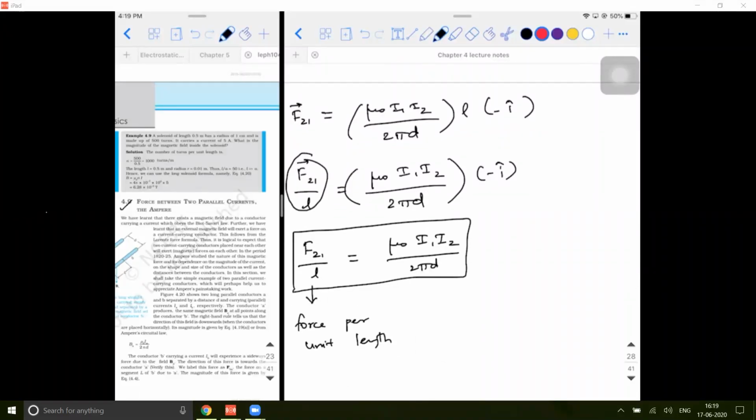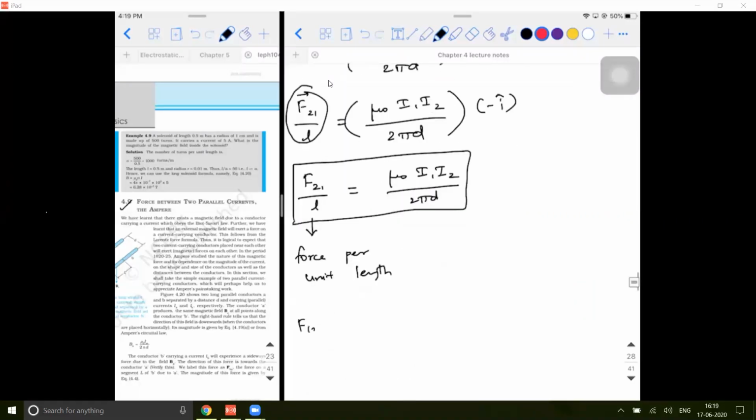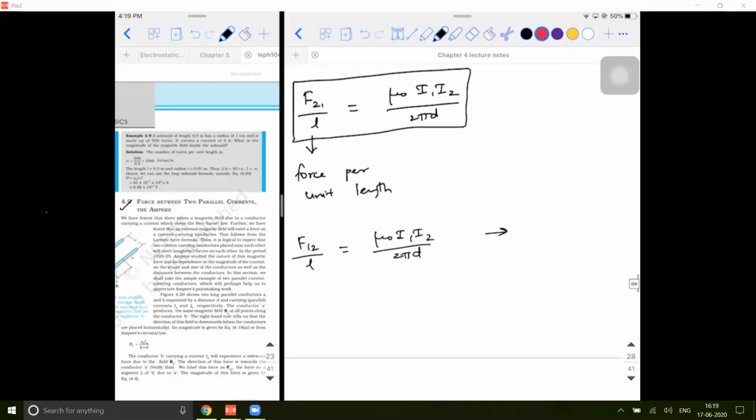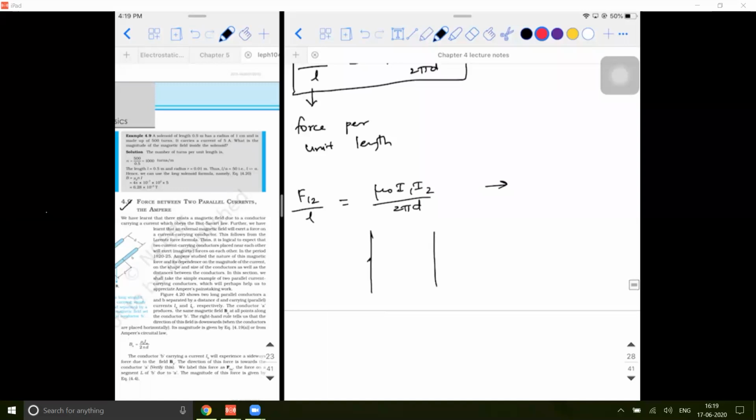So, if we calculate F12 divided by L, you will still get mu naught I1 I2 divided by 2 pi d, but in the rightward direction. Since the currents are flowing in the same direction, the second conductor will experience a force in the leftward direction, and the first conductor will experience a force in the rightward direction.